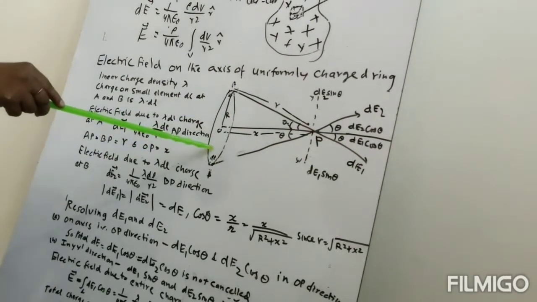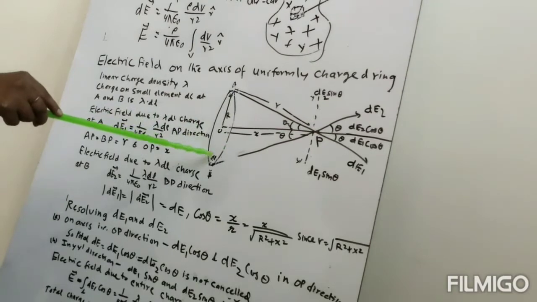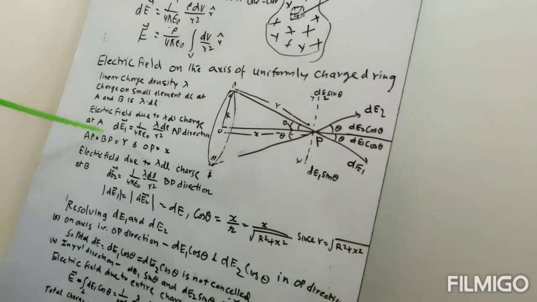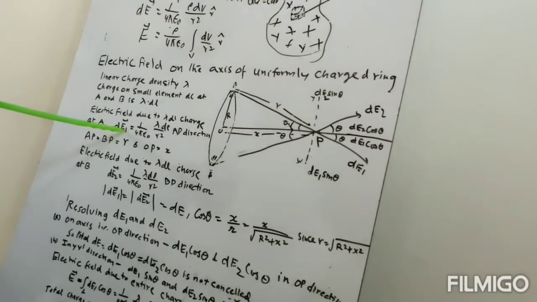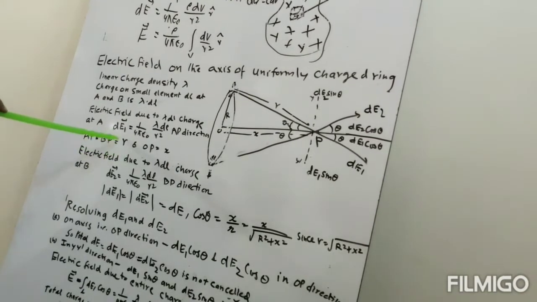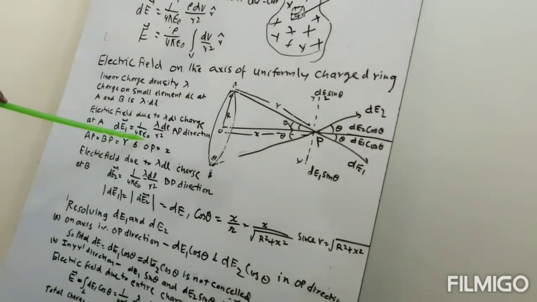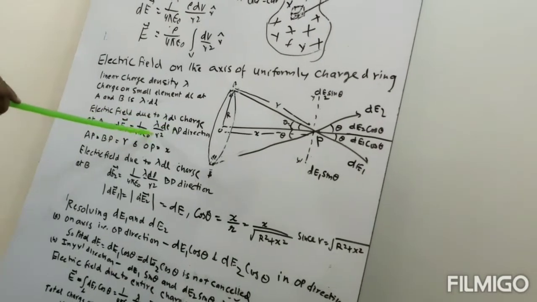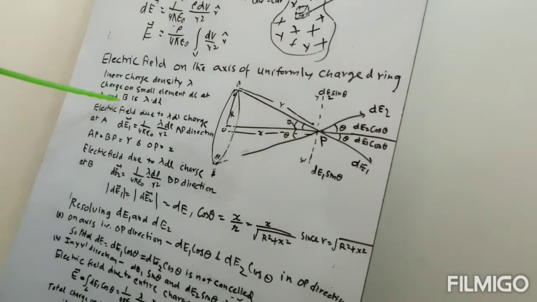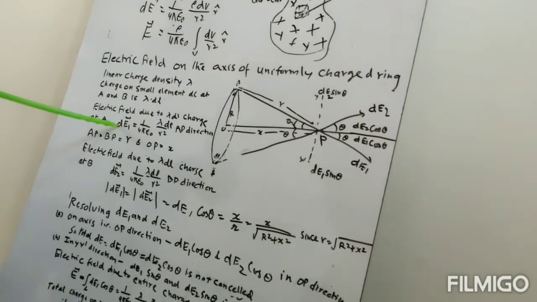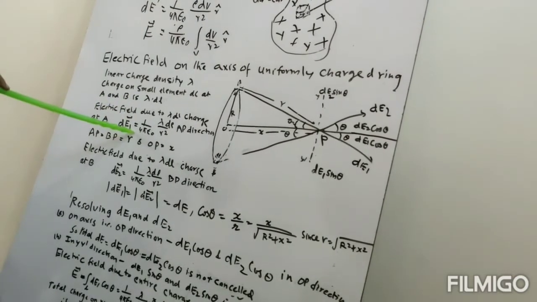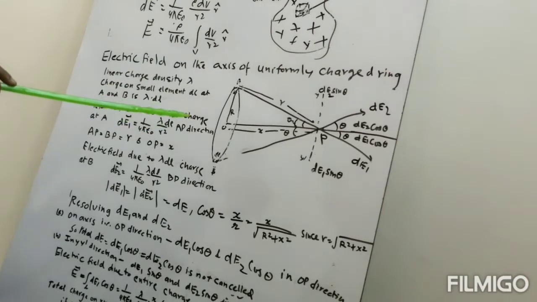Similarly, the electric field at point P due to the small segment at B will be dE2, which is equal to 1 by 4 pi epsilon 0 times lambda dl by r square, in the direction BP. The magnitudes of dE1 and dE2 are equal, but their directions are different.